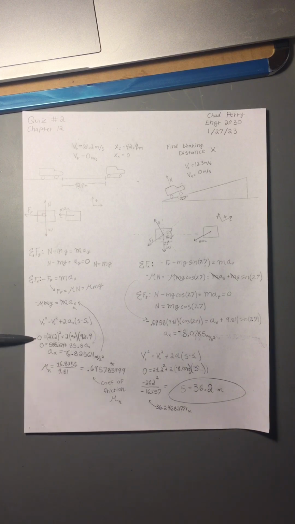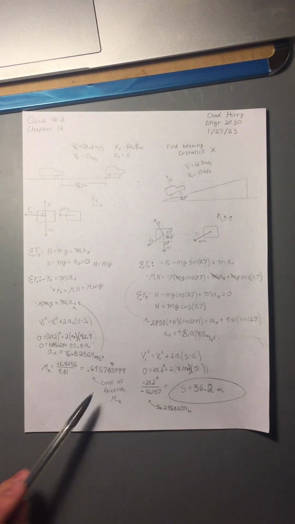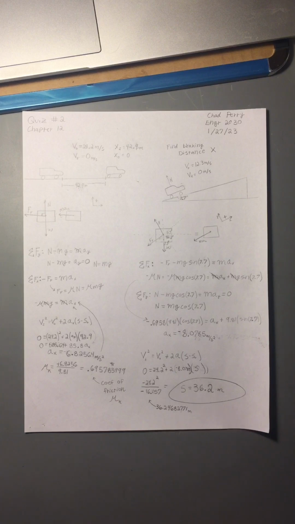And we plug in what we know about this problem, and we can find our acceleration, or I should say deceleration, in the x direction. And then using that, we can plug that in here. Our masses will cancel, and we can find our coefficient of friction for kinetic friction, and that's what this is here. And then once we have that, we can move on to the second part of this problem.